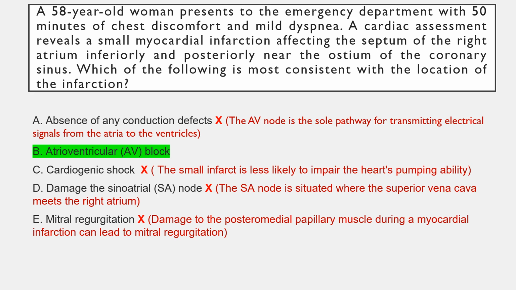And option D is incorrect because the sinoatrial node is responsible for setting the heart's rhythm, and it's located at the junction of the superior vena cava and the right atrium. However, the infarction in this case is affecting the septum of the right atrium near the coronary sinus.